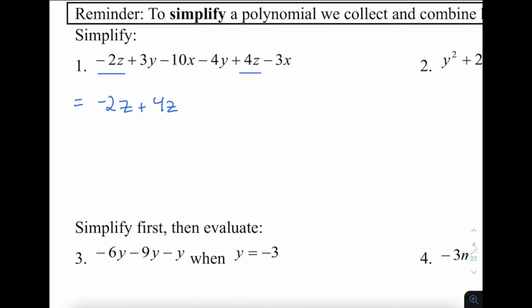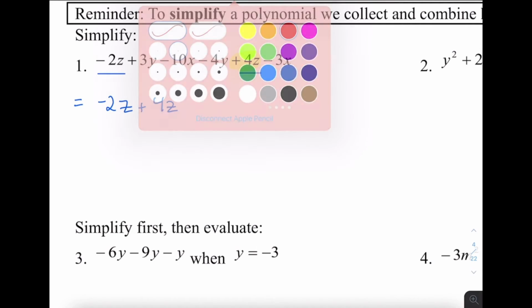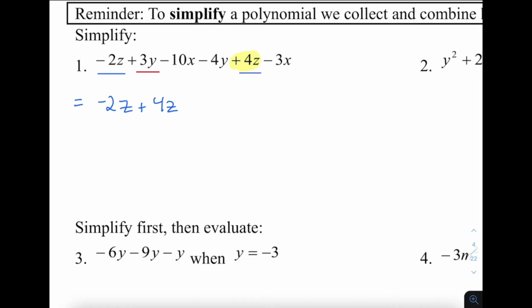Now remember, the sign always travels with the coefficient, is part of the coefficient and always travels with the term. So in my next case, I have 3 plus 3y subtract 4y. So I'm going to write plus 3y subtract 4y. Don't forget the subtract. And I have negative, or subtract 10x, subtract 3x.